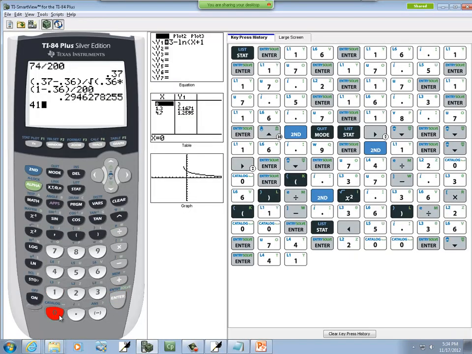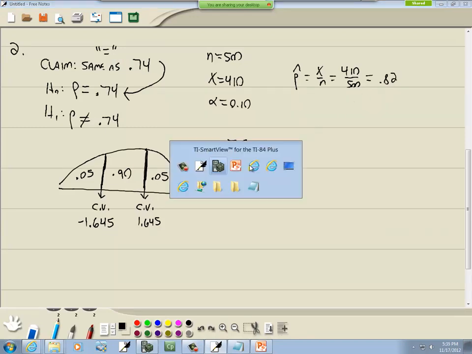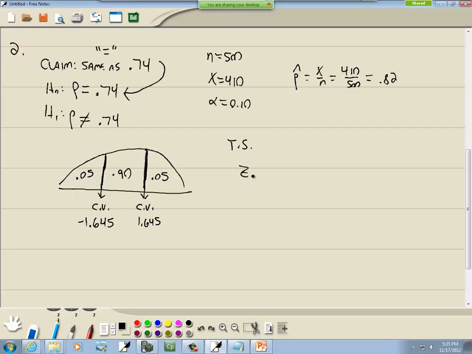So 410 divided by 500, 0.82. Okay, so our test statistic, z naught, is equal to p hat minus p naught over the square root of p naught times 1 minus p naught divided by n.